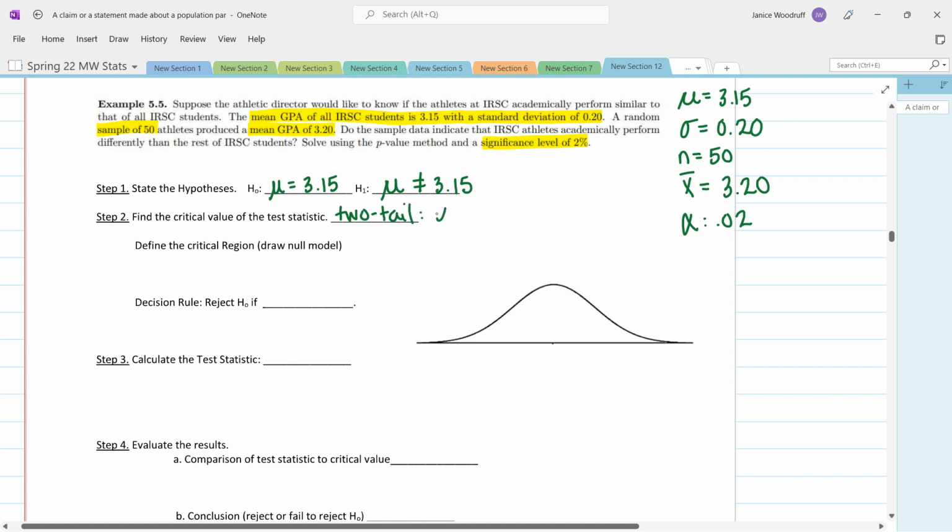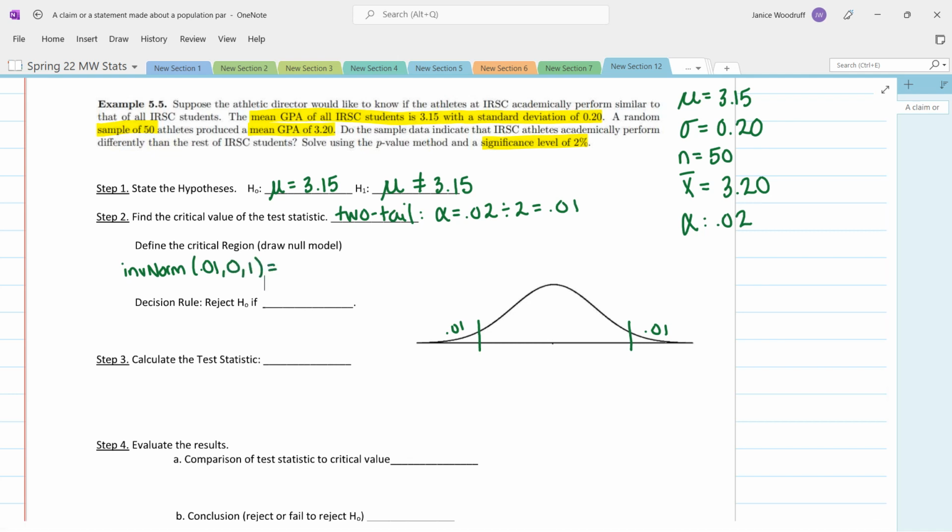Okay, so with a two-tail significance level of 0.02, you're going to have to divide that by 2. So 0.01 on either side. Okay, so if we do inverse norm, 0.01, 0, and 1, that'll give us the negative value, and then the positive value is going to be the same.